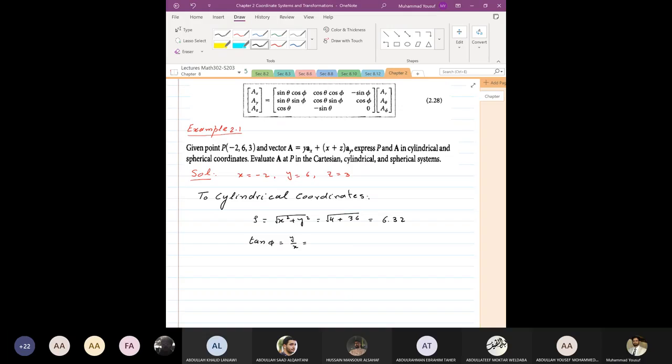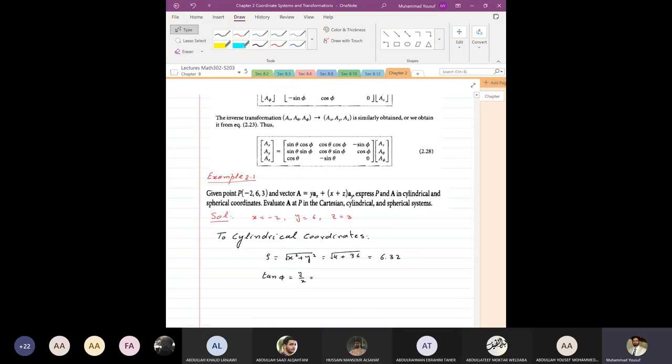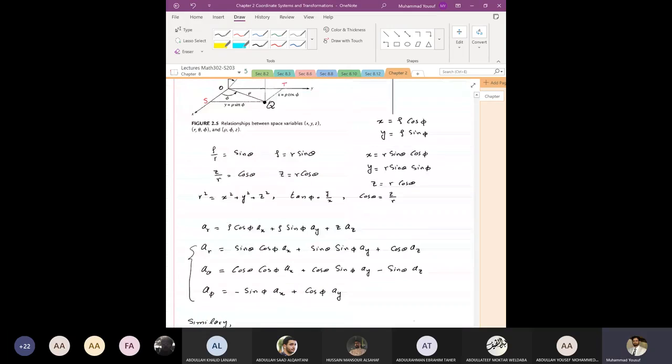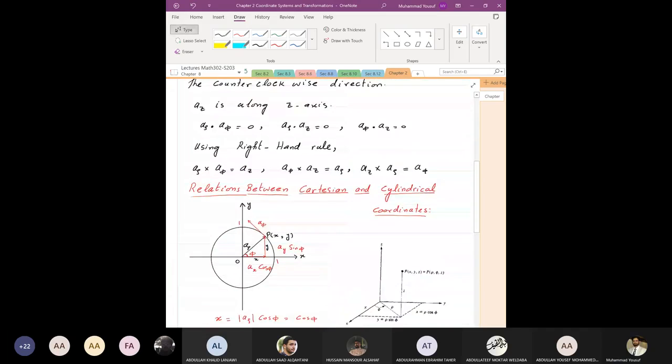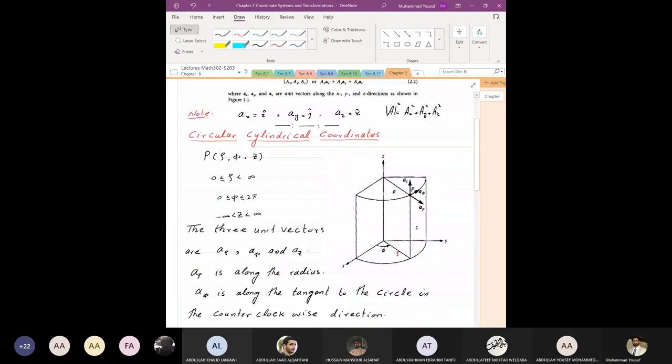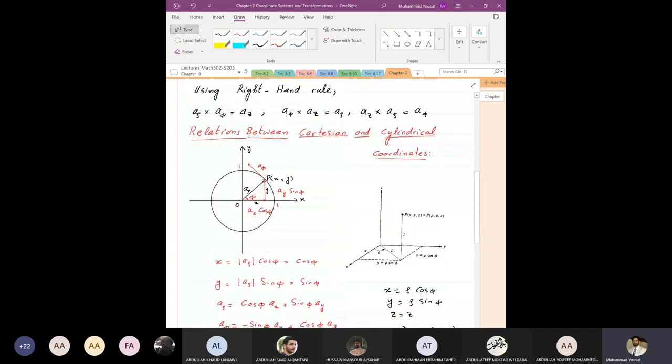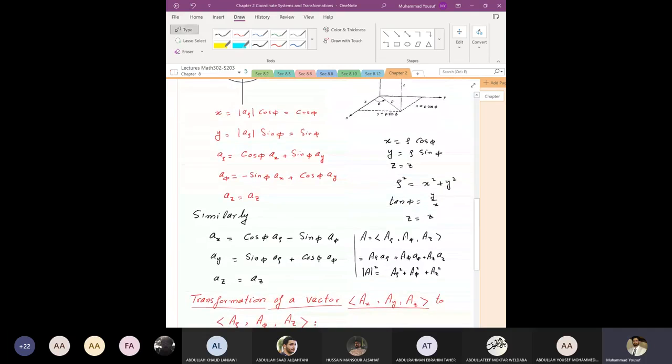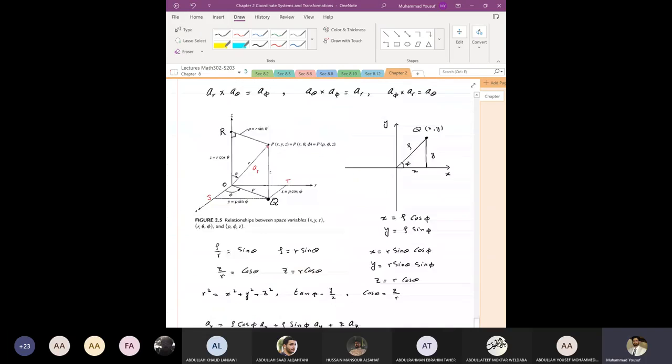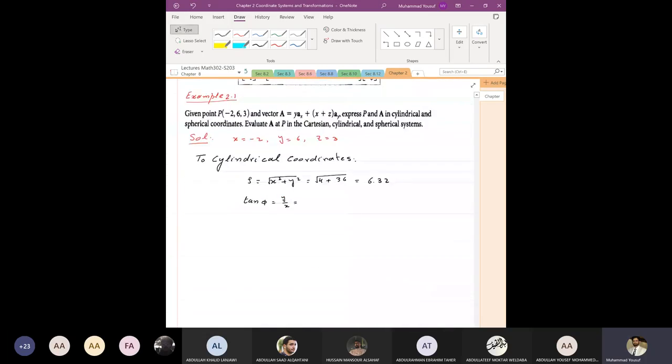Like here, you see, rho squared is x squared plus y squared, tan phi is y over x, and z is z. So same thing we are using here.